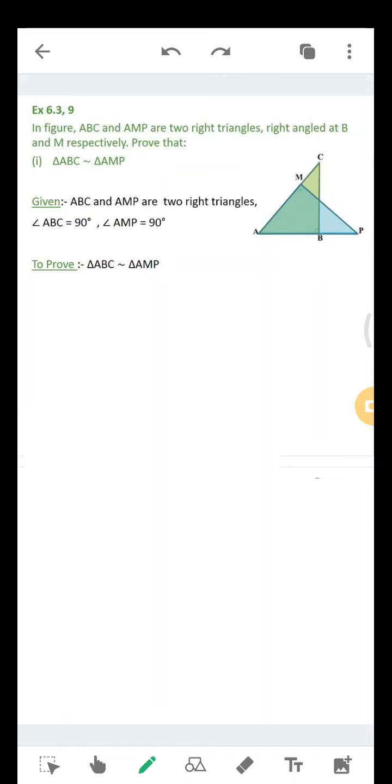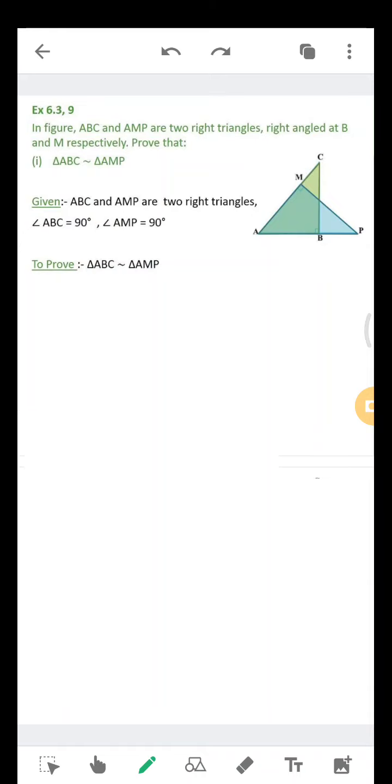ABC is right angled at B and AMP is right angled at M. So these two are right angled triangles, right angled at B and M. We have to prove that triangle ABC is similar to triangle AMP. Very easily we can prove.